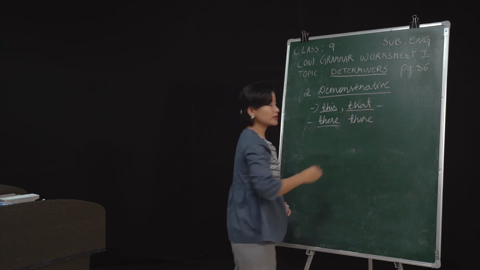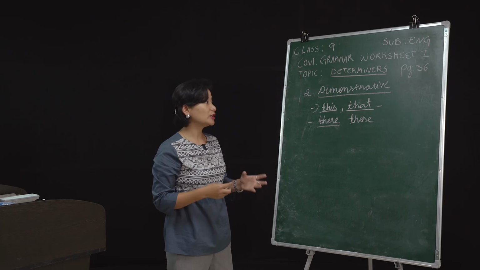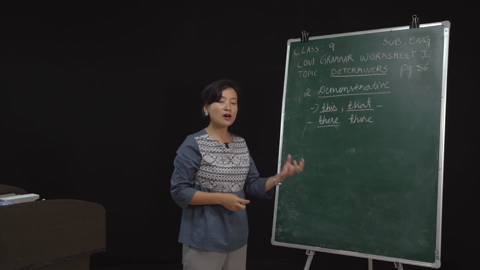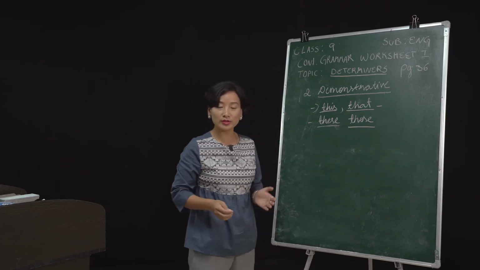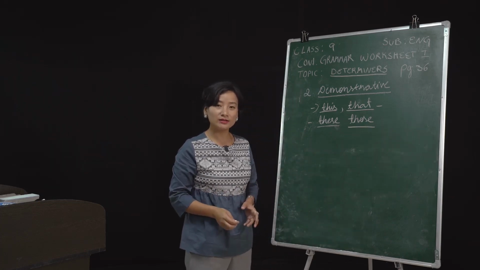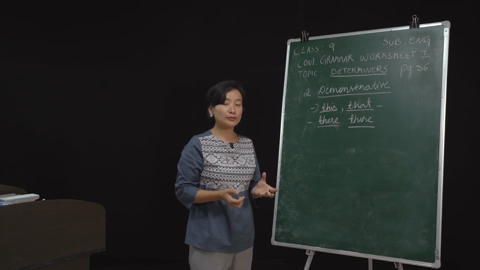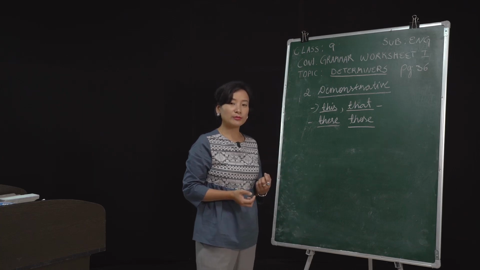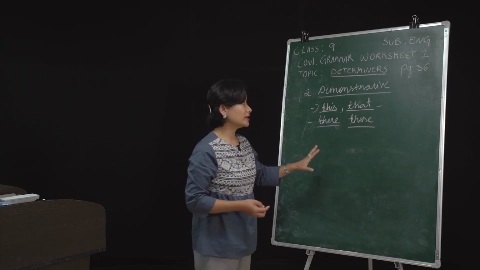So if you are using the word that, all right, then we already know that we are referring to a singular entity or singular object. And if you are using those books lying there on your table, see, you are demonstrating it to a group of books. And it is not just one book, but more than one. So it is specifying the numbers here.